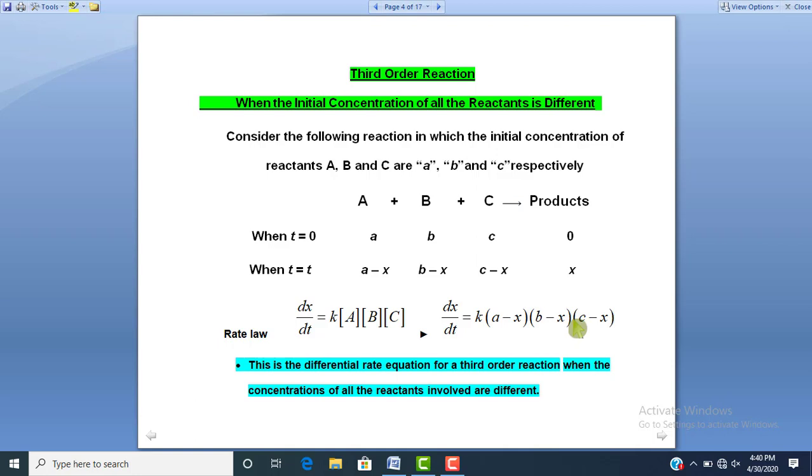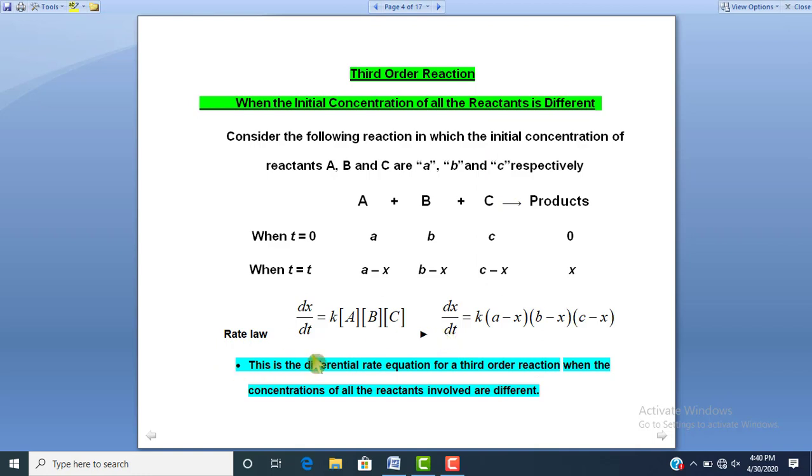Dear students, in this rate law equation, the most important thing which we have to determine is the value of this rate constant k. Because if we know this rate constant k, then we will be able to find very easily, when a third order reaction proceeds with different concentrations of the reactants, what will be the rate of this reaction.